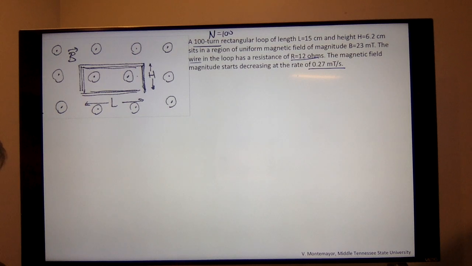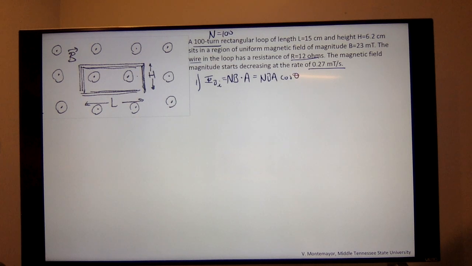So let's see if we can find a few different things here. First of all, number one, let's see if we can find the initial magnetic flux. So remember, it is equal to B dot A, and that applies for every single loop of wire that's there. So I should write that as N times B dot A, because every one has flux that's passing through it. So that's going to be N B A cosine theta.